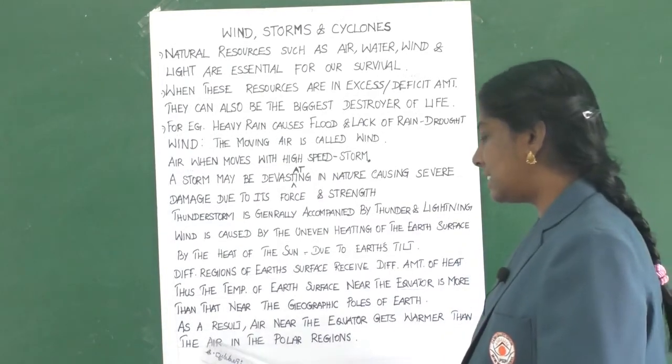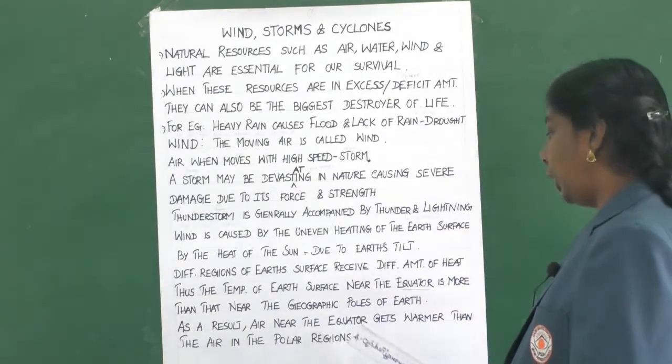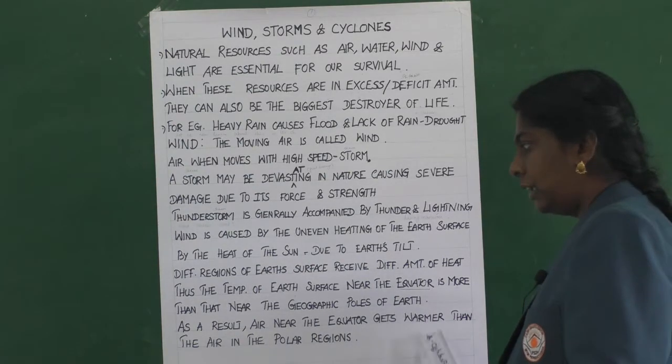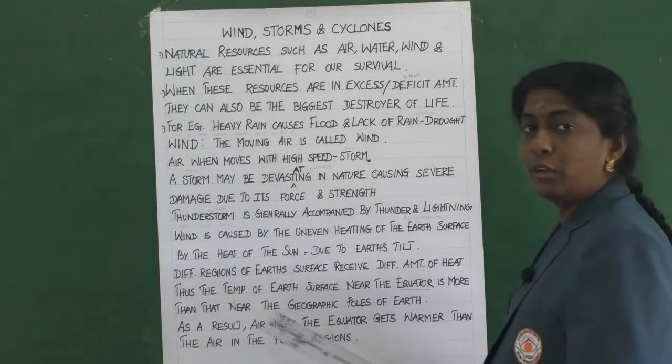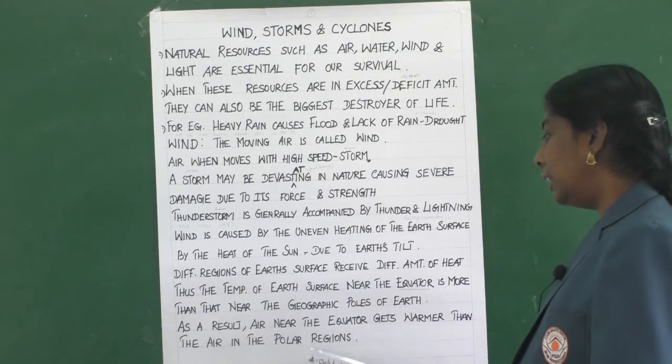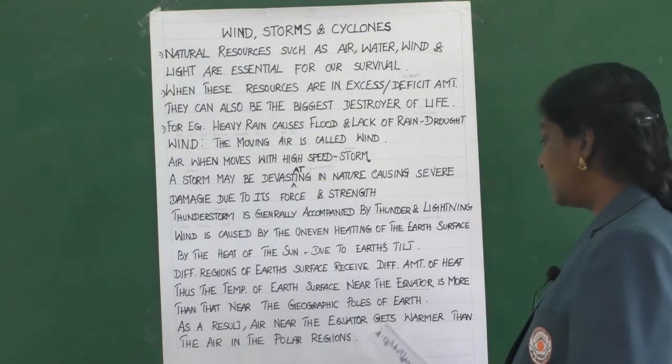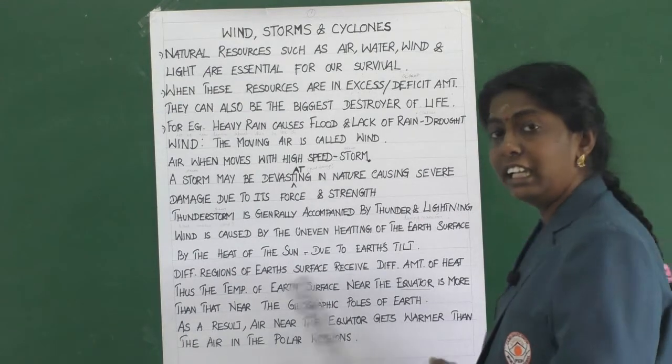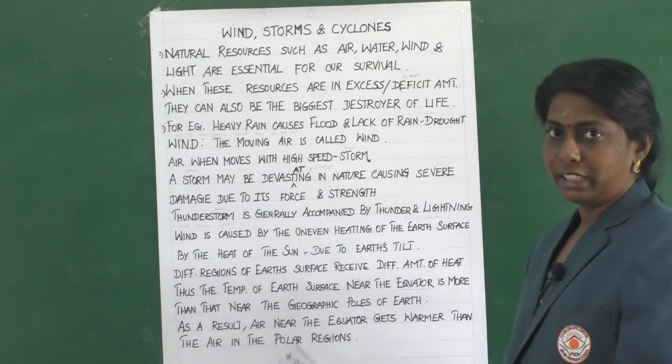As a result, air near the equator gets warmer than the air in the polar region.